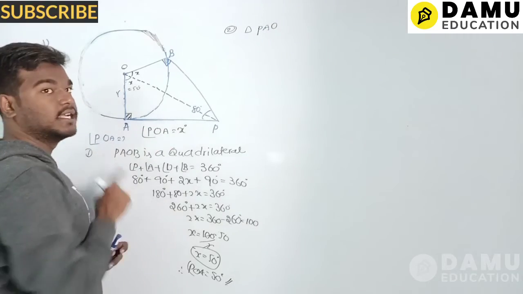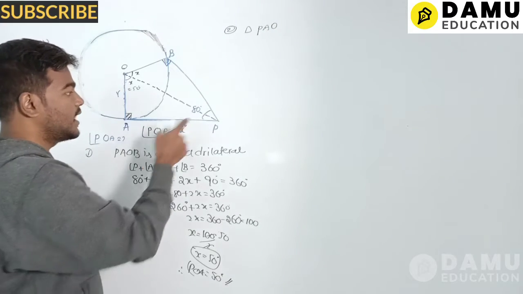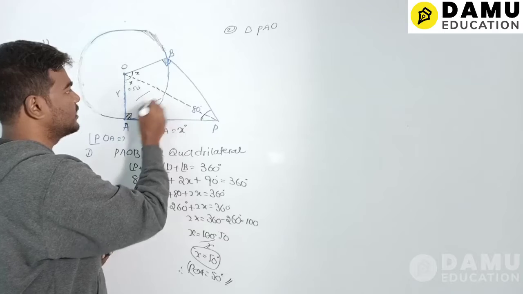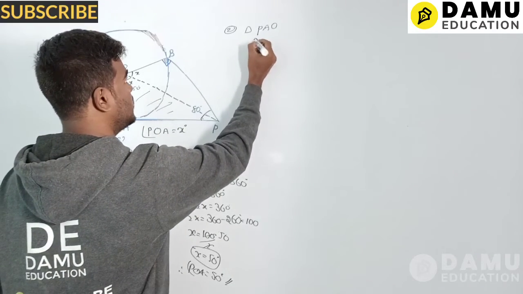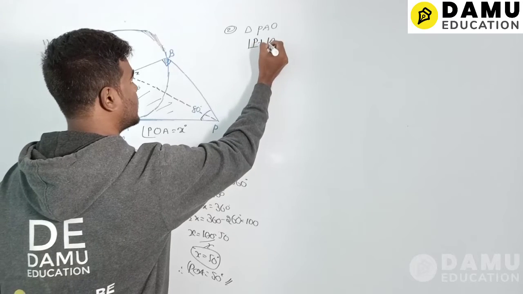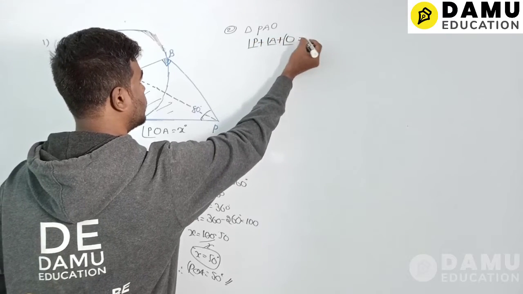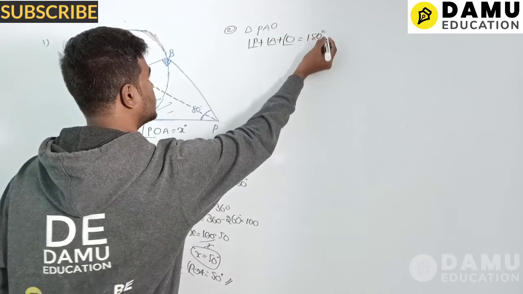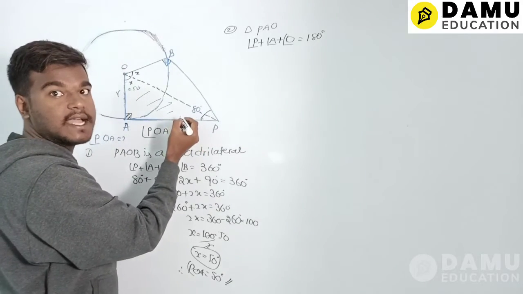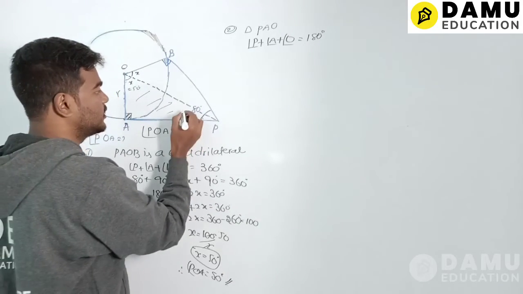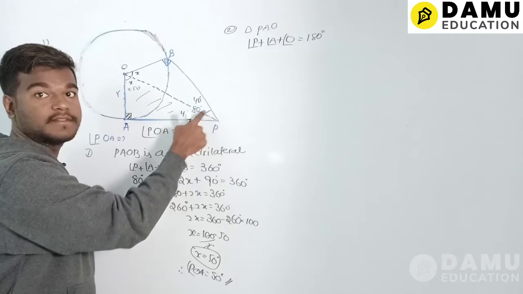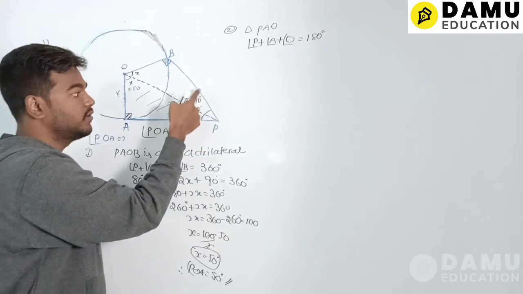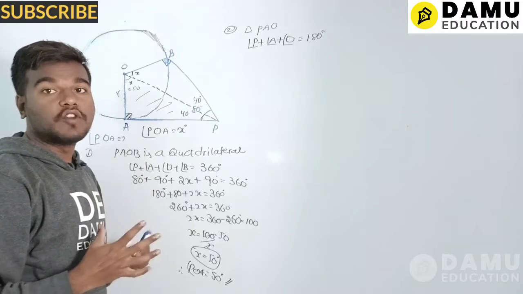In this triangle, angle P plus angle A plus angle O will be equal to 180 degrees. This line divides the 80 degree angle into 40 degrees and 40 degrees. Why? Because of angle bisecting. So in this triangle we get 40 degrees, and in the upper triangle we also get 40 degrees.